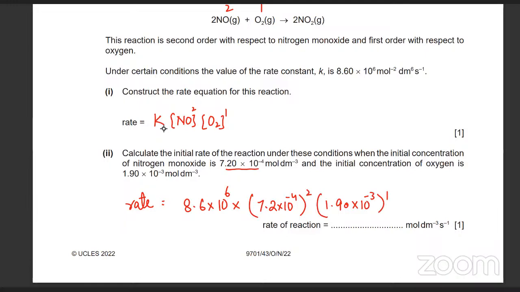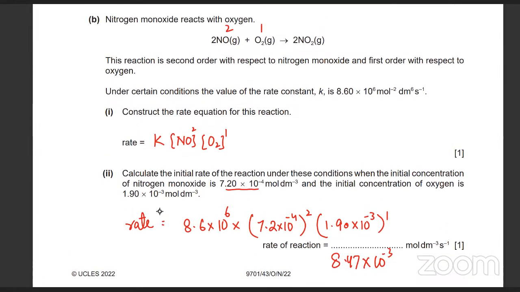So what are we getting? Sir, in the rate equation we don't write the products, right? No. 8.470 times 10 raised to power minus 3.